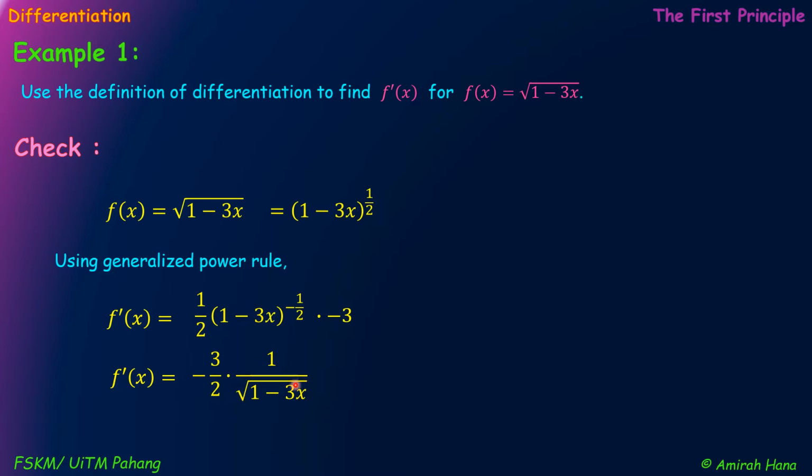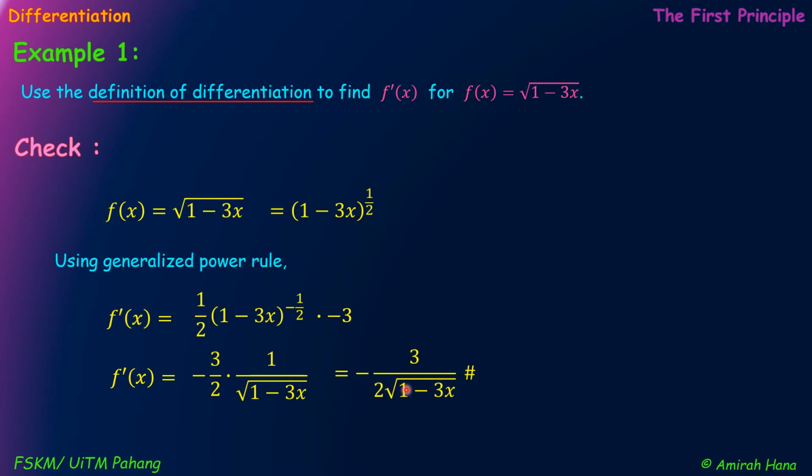Then we have fraction times fraction, so we multiply numerator and numerator, and denominator and denominator. So we get negative 3 over 2 times the square root of 1 minus 3x.